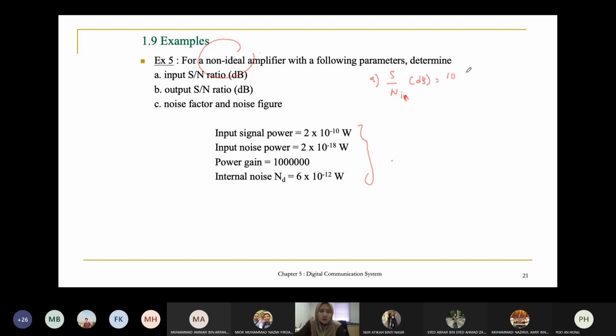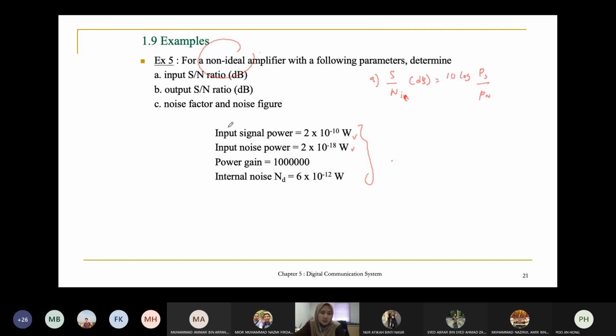So this is 10 log Ps over Pn. So Ps, signal power, is this one. Noise power is this one.